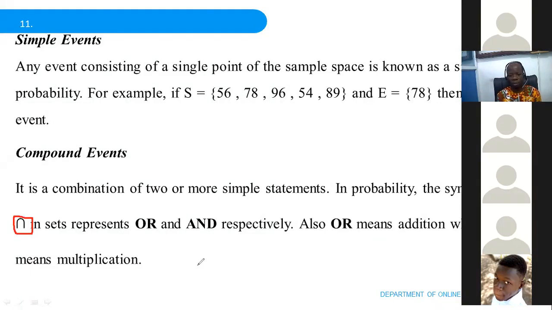So in probability, anytime you see or, we are referring to addition. If you see and, we are referring to multiplication.